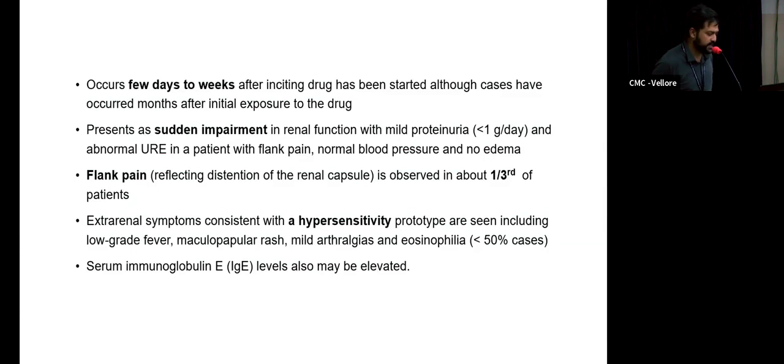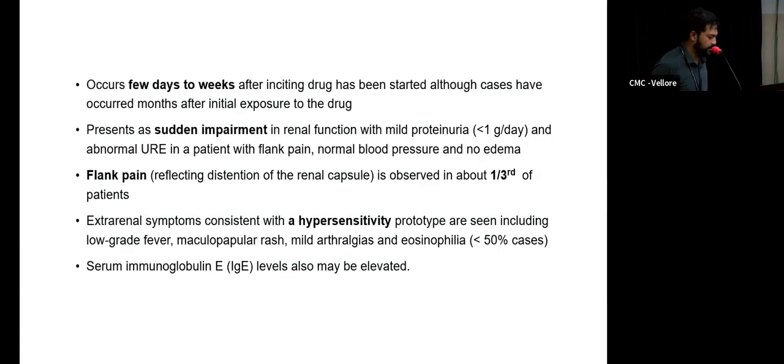Usually patients have sudden impairment in renal function with mild proteinuria. These symptoms are similar in all patients who present with AIN; except for the nephrotic syndrome caused by NSAIDs, more or less the symptoms are the same.